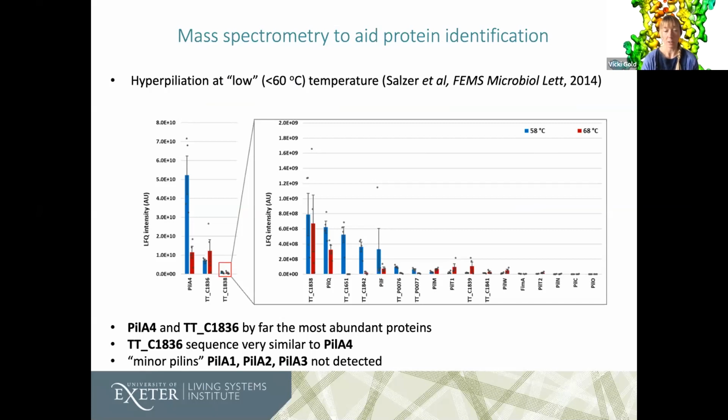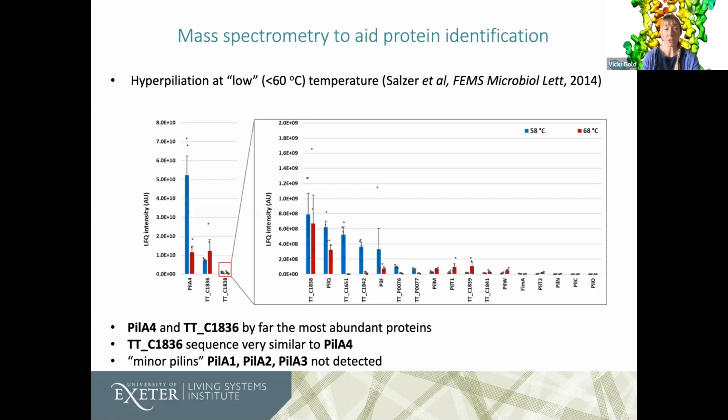The most important point to note is that by far the most abundant proteins in our preparations are pili 4 and a previously uncharacterized protein called TTC-1836. When we look at the sequence of TTC-1836, it's very similar in sequence to pili 4, and we didn't detect the minor pilins pili 1, 2, and 3.